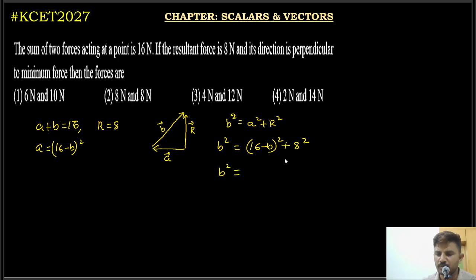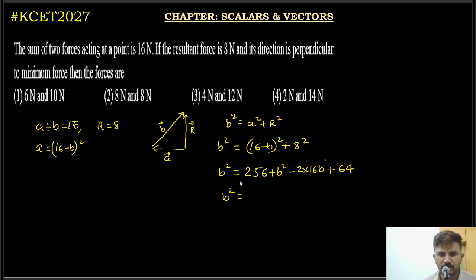You can use the A minus B whole square formula here. So 16 into 16 is 256, A square plus B square, minus 2 times 16 B, plus 8 square is 64.